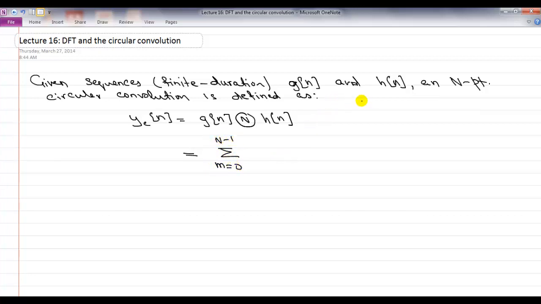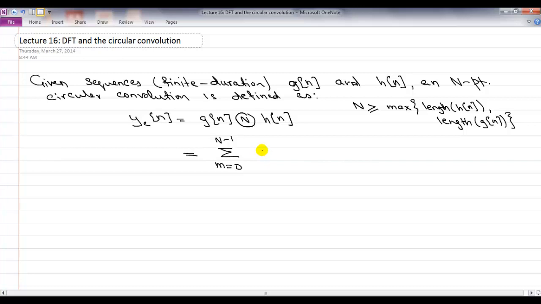We have to be clear here that n is always in circular convolution, at least for the purposes of this class, we are going to assume is greater than or equal to the length of both the finite duration sequences. So we have n greater than or equal to max length of Hn and length of Gn.